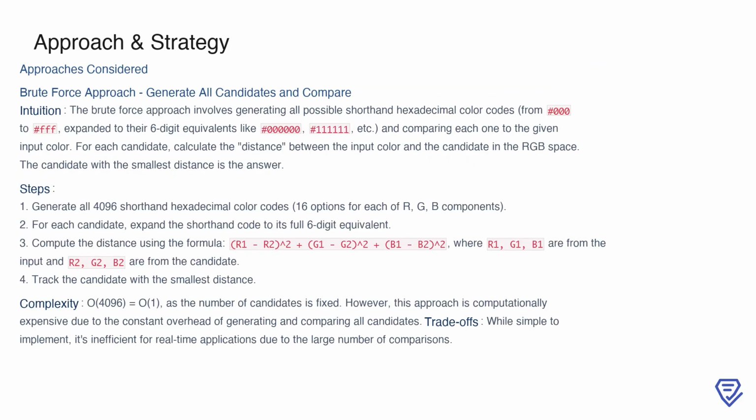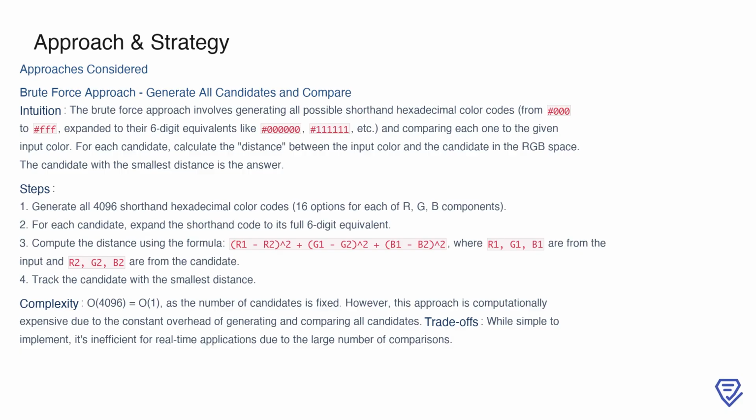To solve this problem, one approach we can consider is the brute force method, which involves generating all possible shorthand hexadecimal color codes and comparing each one to the given input color to find the closest match. The shorthand codes range from #000 to #FFF, and each of these is expanded to its full 6-digit equivalent, such as #000000 or #111111.